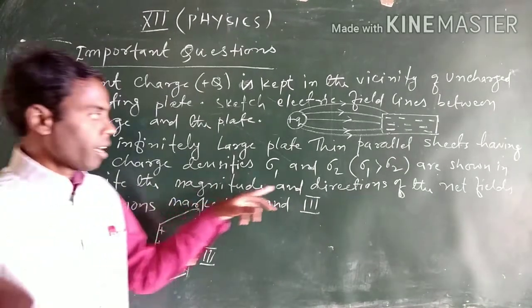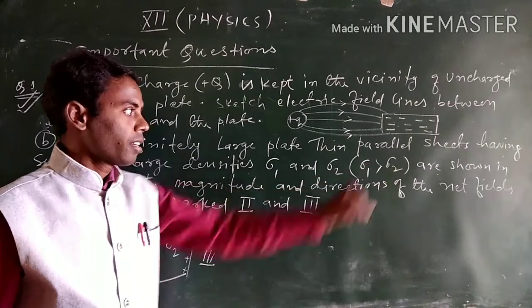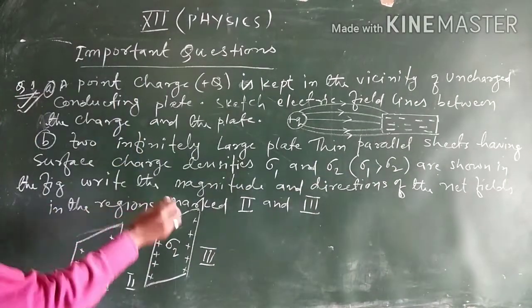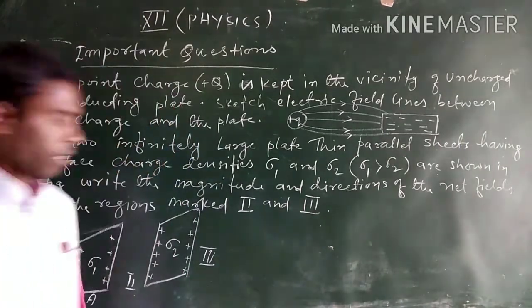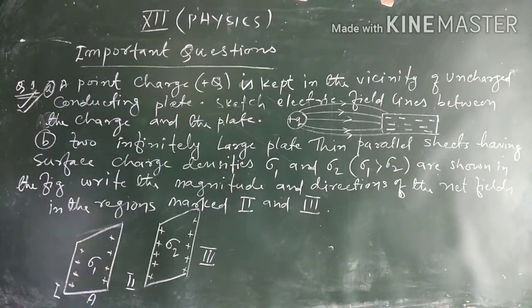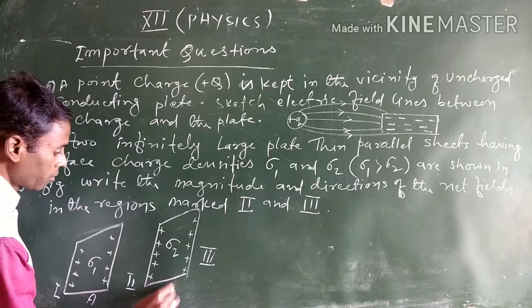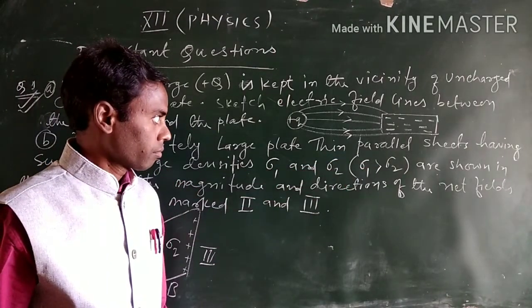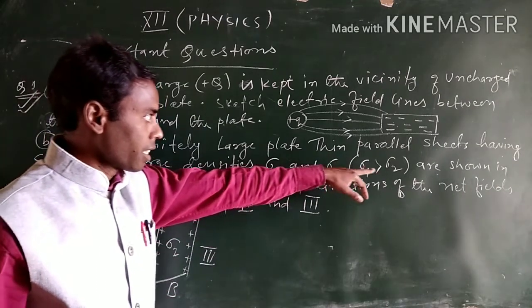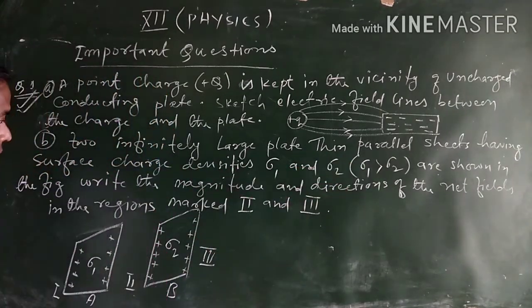Write the magnitude and directions of the net field in the regions marked 2 and 3. Okay, this one. That means here this is sheet A and this is sheet B. Condition is sigma 1 is greater than sigma 2, right?